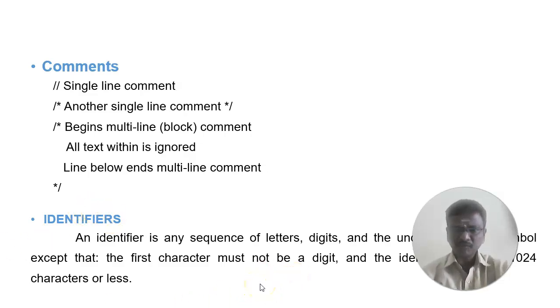It can be given by our own, with a maximum of 1024 letters for declaring identifiers, and only one condition: the first character must not be a digit. That is the only thing you must remember when you are declaring an identifier.